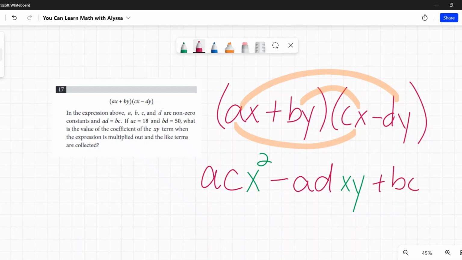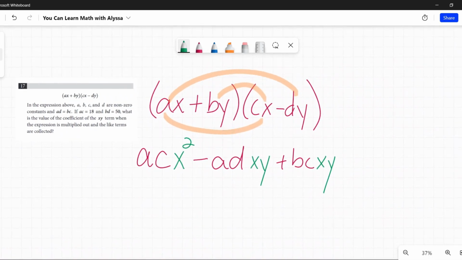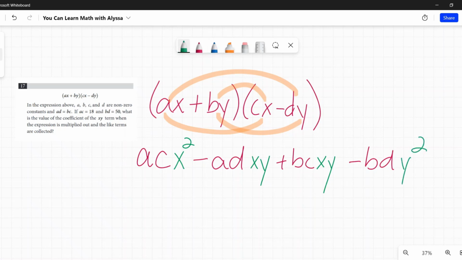So that is bc times xy. And then last but not least, I multiply my last ones together, which is by times negative dy. So that is a negative bd, and then the y's multiply together to get y squared. All right, so I have ac x squared minus ad xy plus bc xy minus bd y squared.